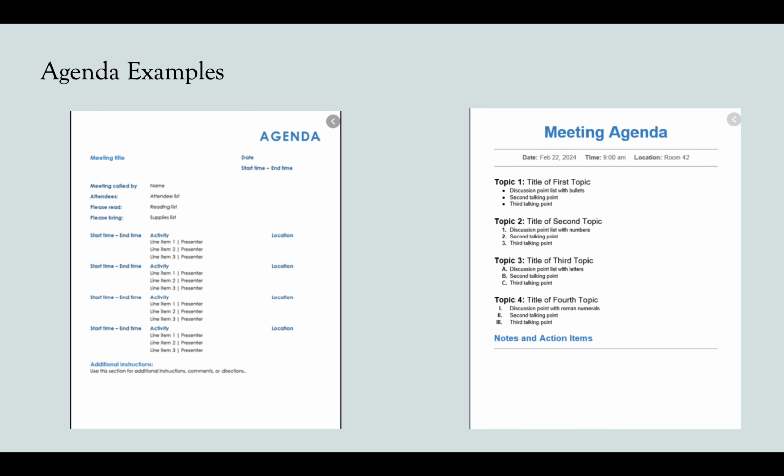Okay, so agenda examples. Now, I, again, use my best friend Google here. So these are some screenshots of some different agenda templates, but you can design the agenda however you would like. Having the meeting title, maybe having a date and the start and end time, where your location is, who's attending the meeting.